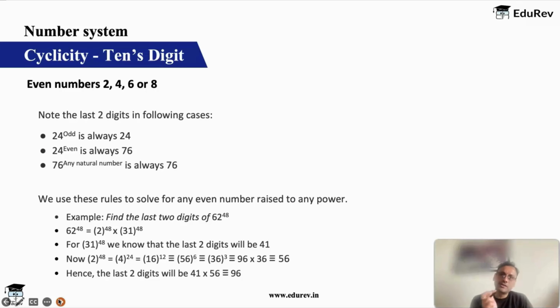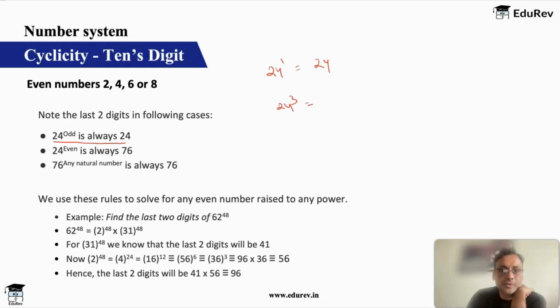Then we have done all the odd numbers, we have done 0 also. Now, what is remaining are your even numbers. So for even numbers, let's understand this. Note these outcomes. If you remember, that will be very useful. 24 raised to any odd number is always 24. 24 to the power 1 is 24, 24 raised to the power 3 is also 24.